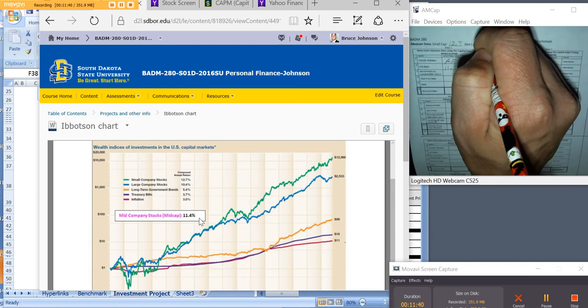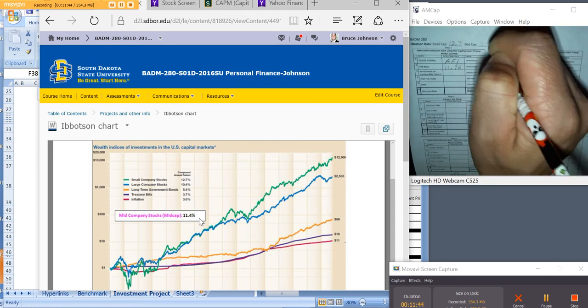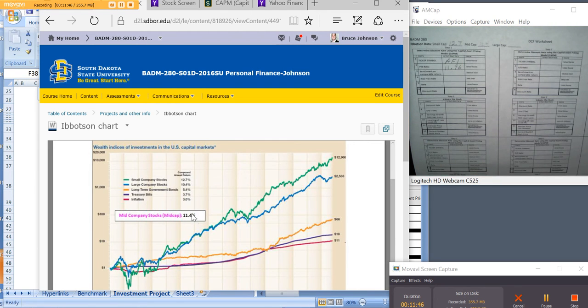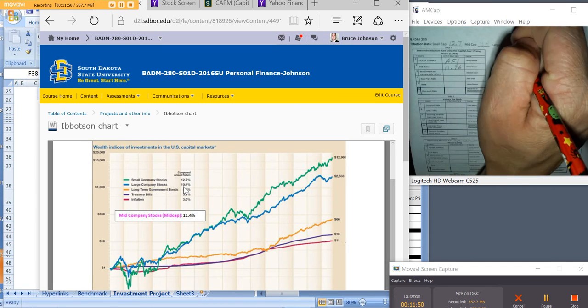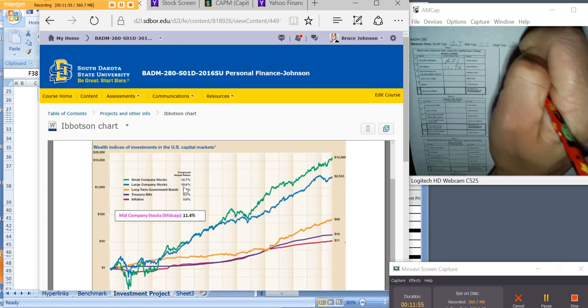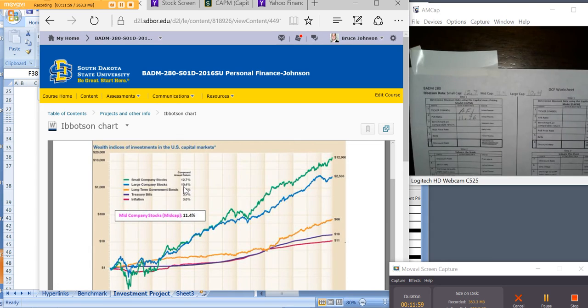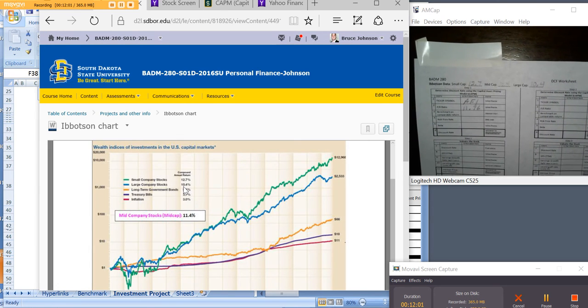So I'm going to write that down up here. And the last one I need is large cap, and that is 10.4. So we're going to go ahead and write all that down. You can see it there.